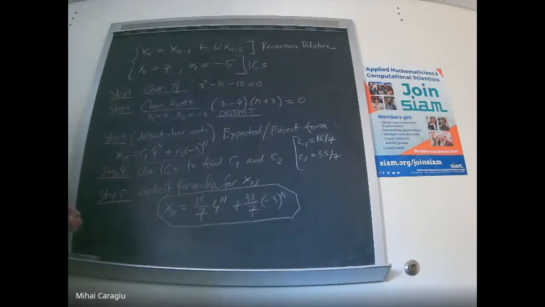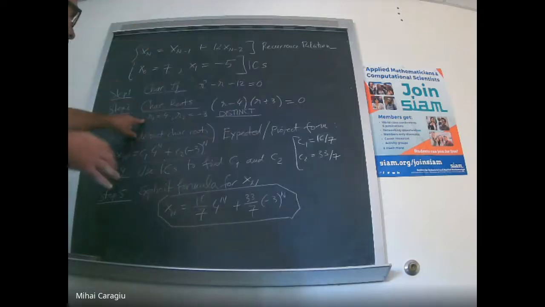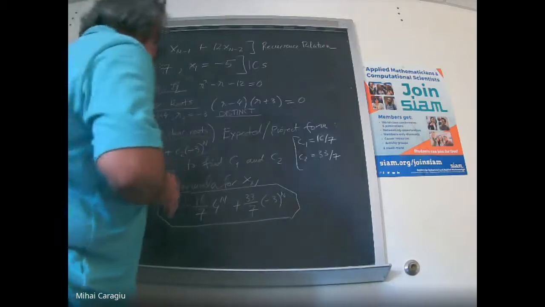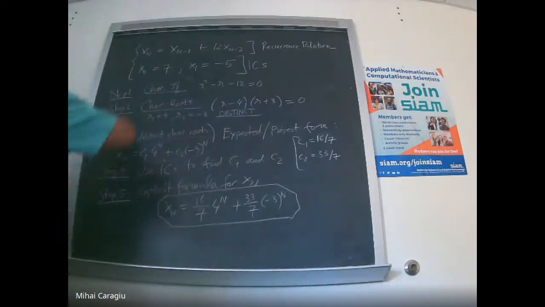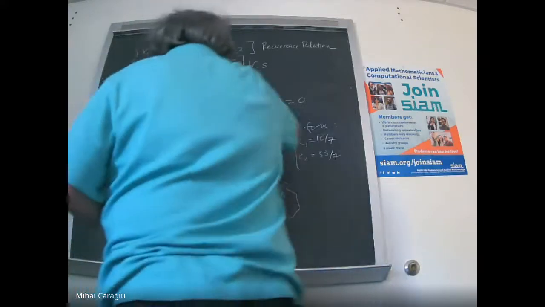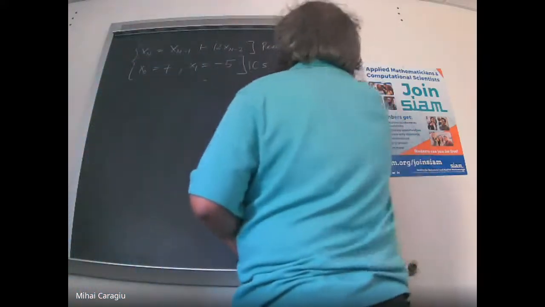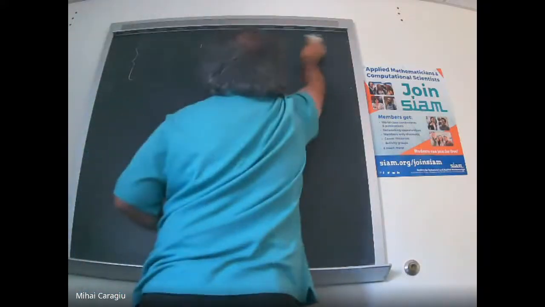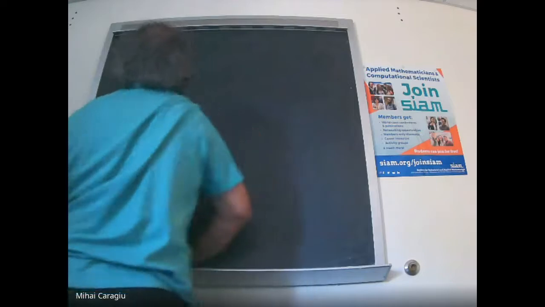Okay, so now let's discuss a different problem, in that at the fork in the road moment, we have to go ahead with repeated characteristic roots. So let's see what we do then. Okay, so the second problem is the following.